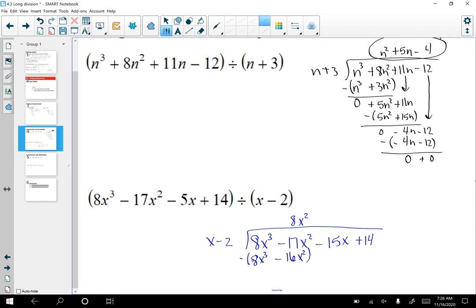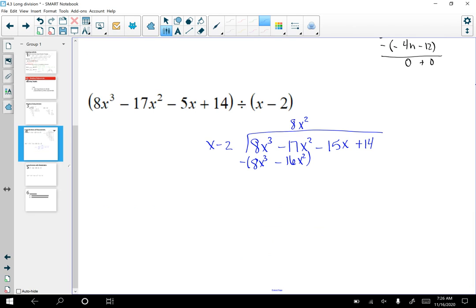Again, we're subtracting that entire thing. So we have 8x cubed minus 8x cubed gives me 0. And then that negative distributes, remember. So here we have negative x squared. Bring down our 15x. Notice that was subtraction. So what do we need to multiply x by to get negative x squared?